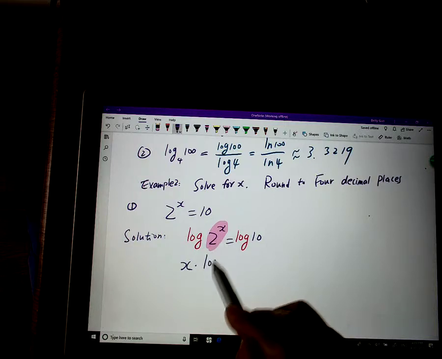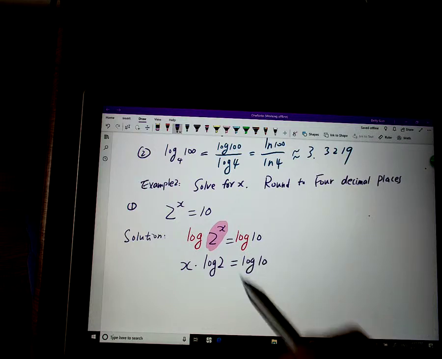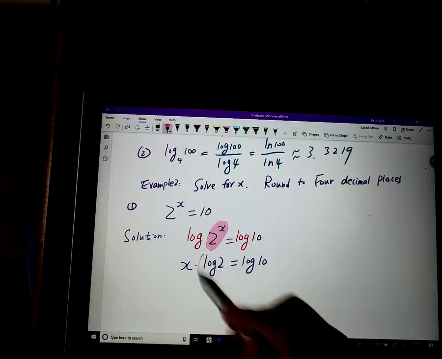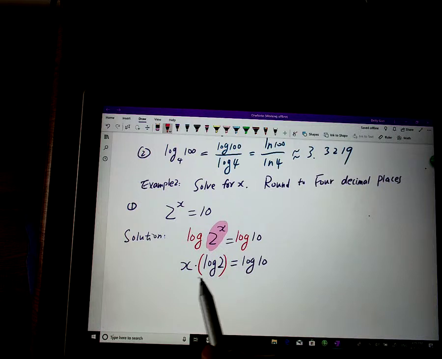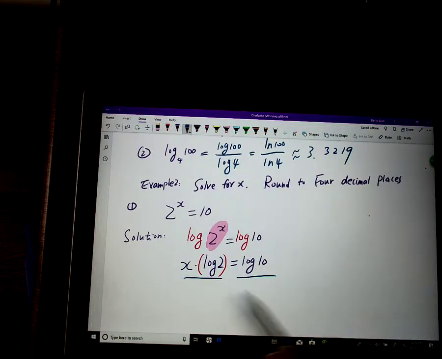x multiplied by log of 2 equals log of 10. Okay? So this is a number. So on the left, we have a number times x. If we divide both sides of the equation by the number log of 2, we would have x equals log of 10 over log of 2.